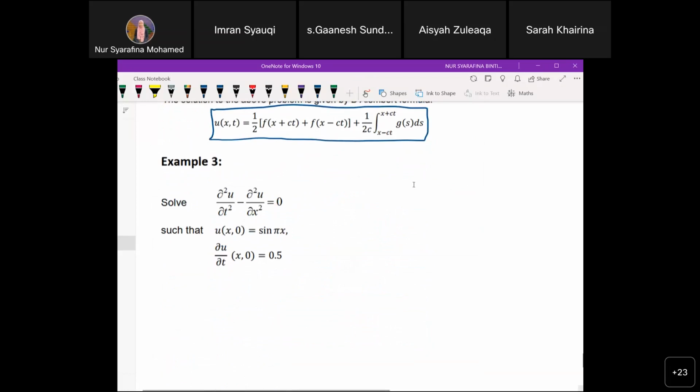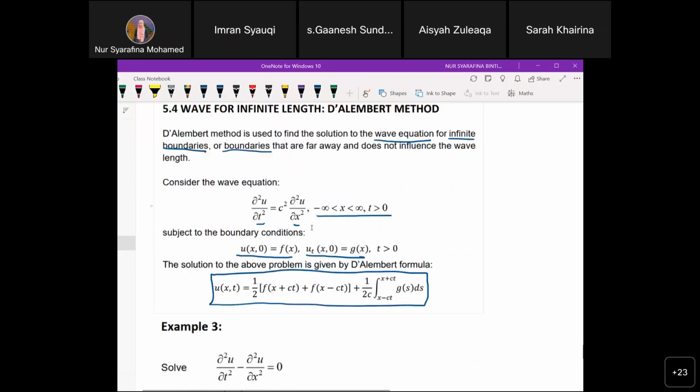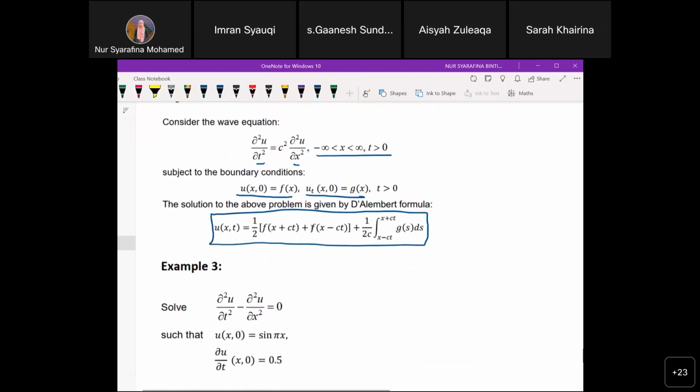By using Alembert, you have del squared u del t squared minus del squared u equals 0. If you rearrange it, you get del squared u del t squared equals del squared u del x squared, where we can see that c equals 1.